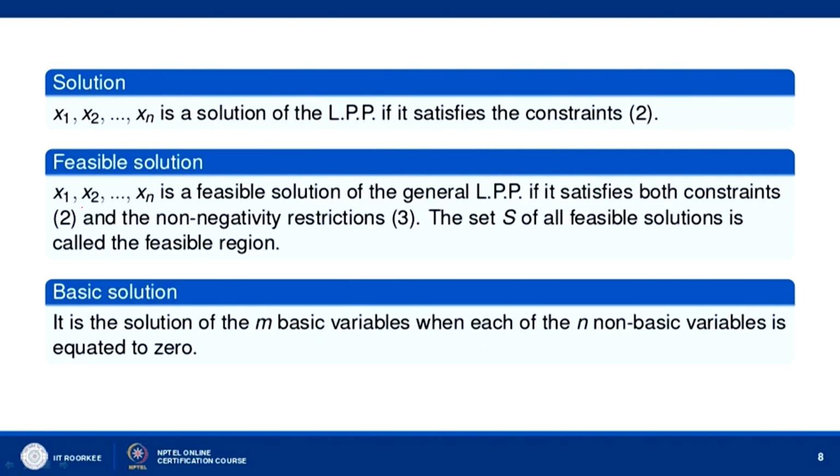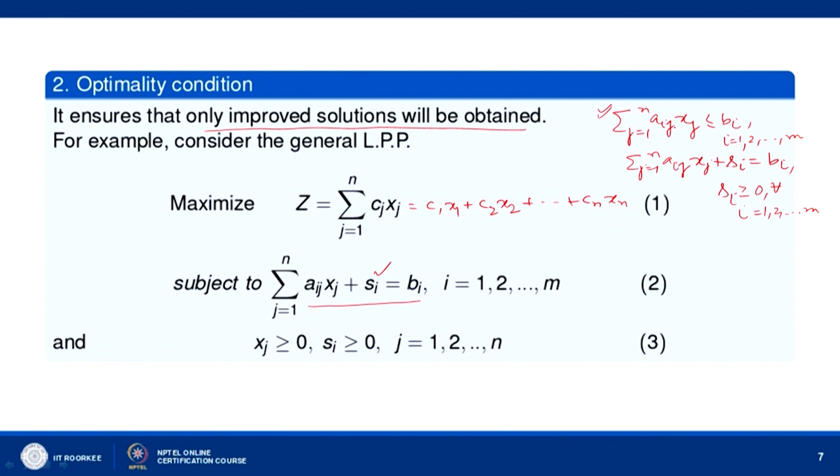Now, this solution will be called a feasible solution of the general LPP if it satisfies both the constraints and the non-negativity restrictions. So, if x1, x2, ..., xn satisfies these m constraint equations together with x_j greater than or equal to 0 for all j equal to 1, 2 and so on up to n, that is, they are non-negative and they satisfy these m constraints, we will say that x1, x2, ..., xn give us a feasible solution.